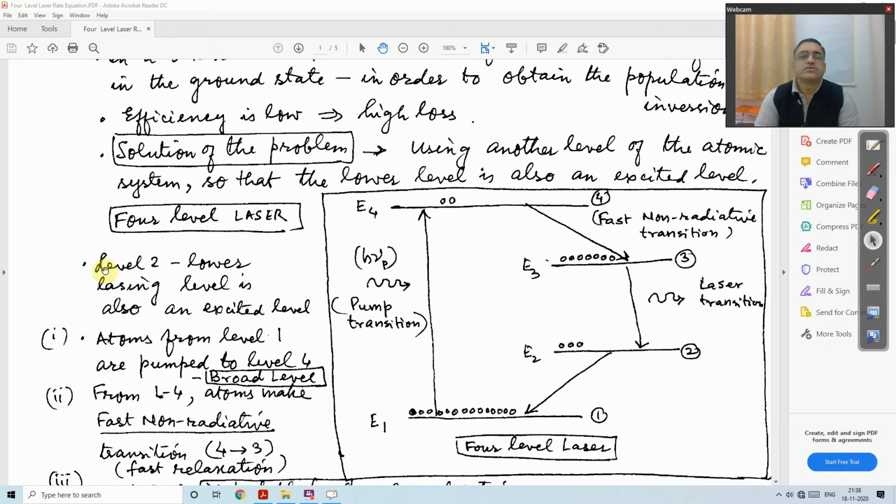So we see that level 2 is the lower lasing level. It is also an excited level.